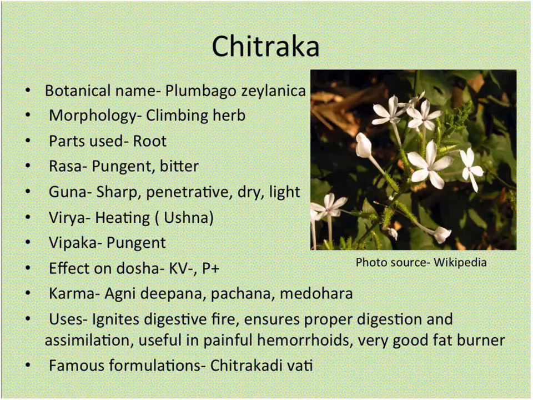Then the next herb is chitrak, and its botanical name is Plumbago zeylanica. On the right hand side, you will see the picture of chitrak flowers. It comes in three varieties: white, blue, and pink or reddish. So it is called Shweta Chitrak, Neela Chitrak, and Rakta Chitrak.